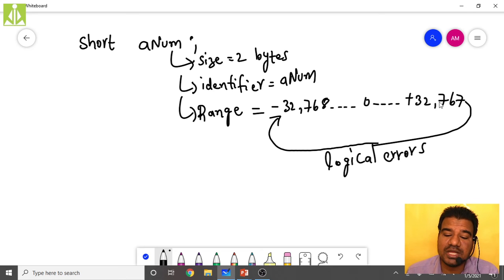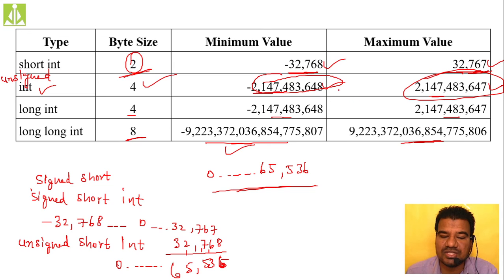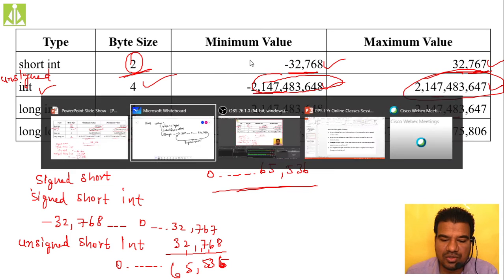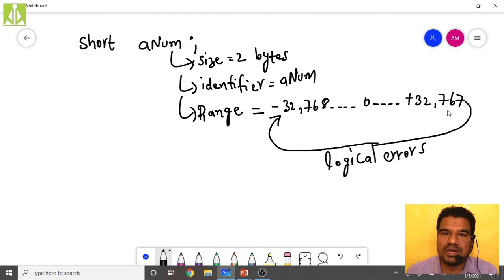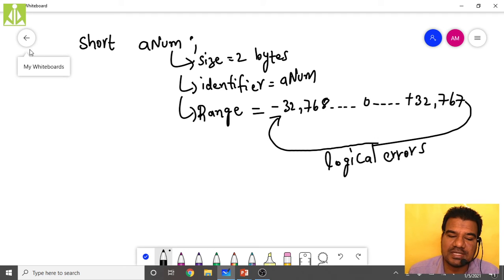And if you want to use any values beyond this, simply go for integer, because integer's range is higher. Let us say your calculation is going up to 64,000. If you are using only positive values, you can make it unsigned short.